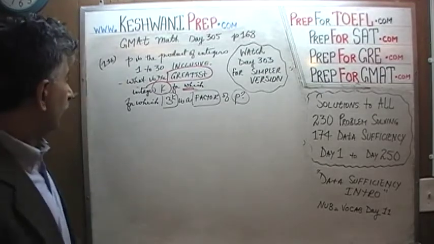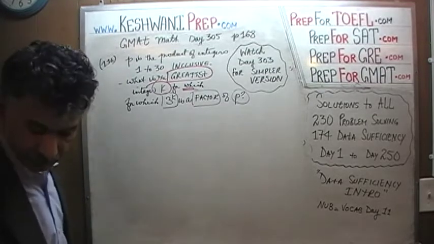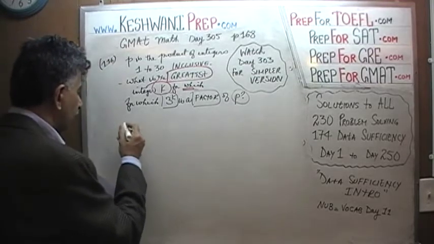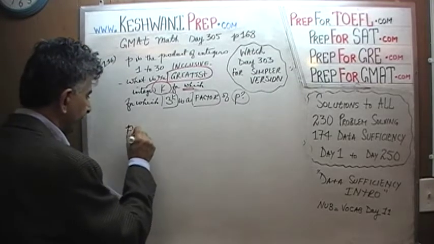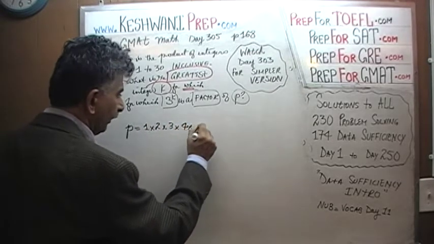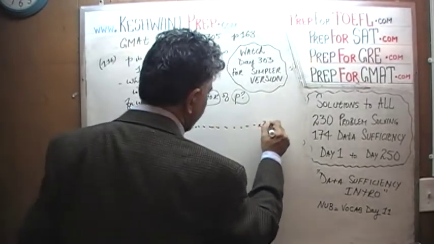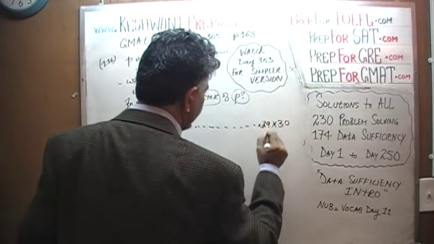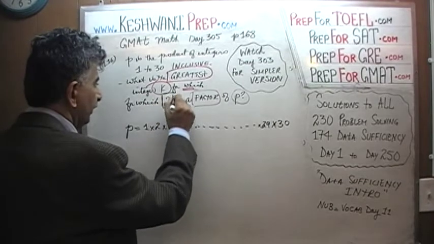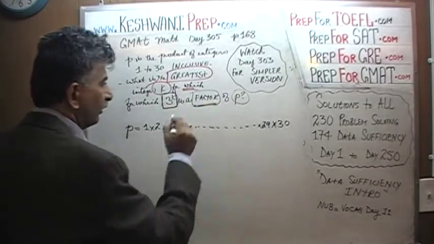Do you understand? So here's what's going on. We are told that P is such a number that it represents the product of all the integers from 1 through 30. 1 times 2 times 3 times 4 times 5, 6, 7, 8, 9, 10, all the way up to 29 times 30. This is our P. The question is, what's the greatest integer k that we can find so that 3 raised to k is a factor of P?